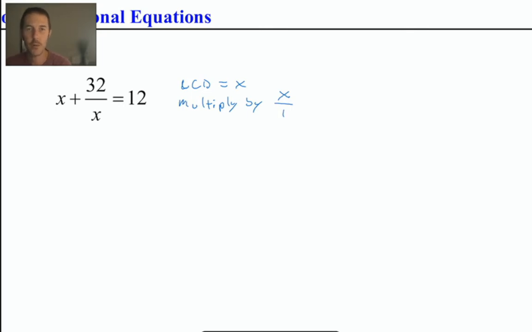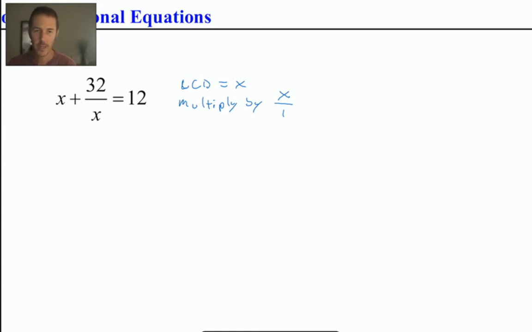I like to write that we're going to multiply by x over 1 to really highlight that the x is going to multiply into all of our numerators, and the 1 is going to multiply into the denominators, or in this case, there's only one denominator. And that multiplying of 1 into the denominator isn't going to change anything, so I won't even write it.